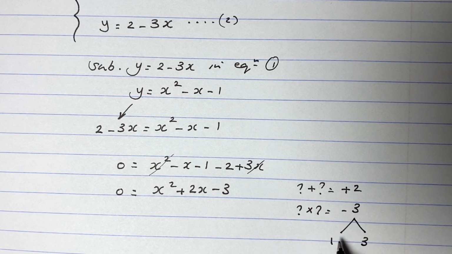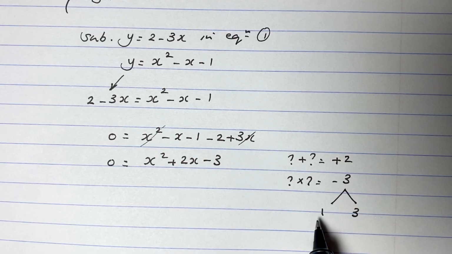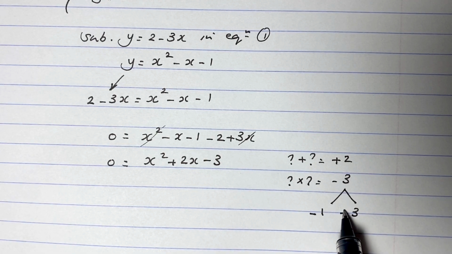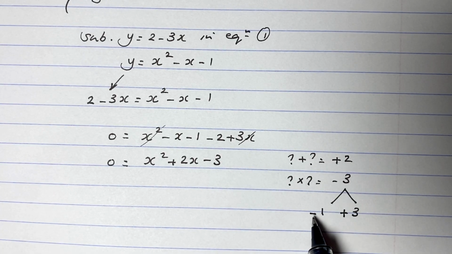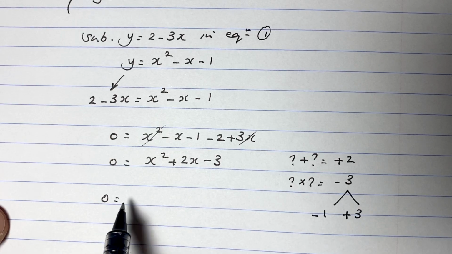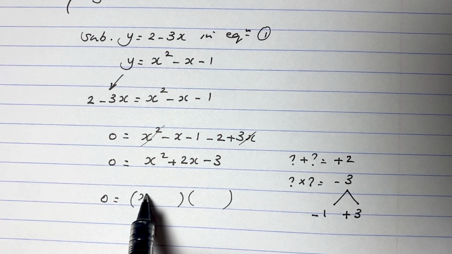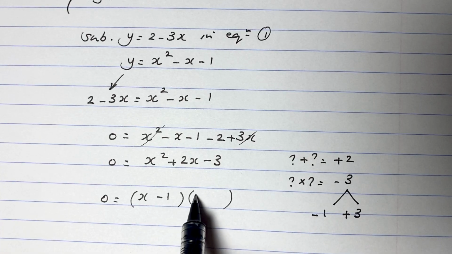They must multiply to give me minus 3, so one has to be plus, one has to be minus. By putting minus before 1 and plus before 3, it satisfies both conditions. Minus times a plus is a minus, 1 times 3 is 3. Minus 1 plus 3 is 2. So here I can factorize the quadratic quite nicely, actually.